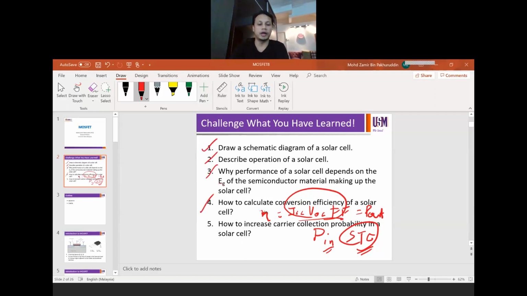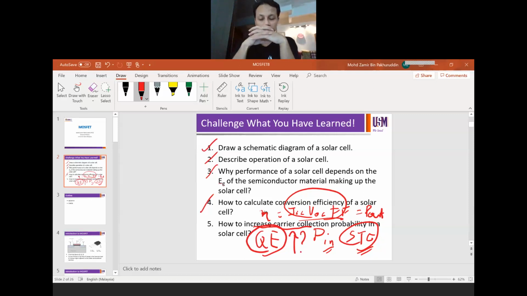Let's go to number 5. How do we increase carrier collection probability in a solar cell? So how do you increase this? Collection probability is also called QE, quantum efficiency. So how do you increase QE or collection probability? Any ideas?